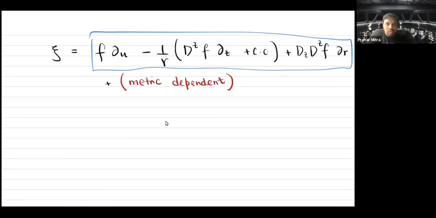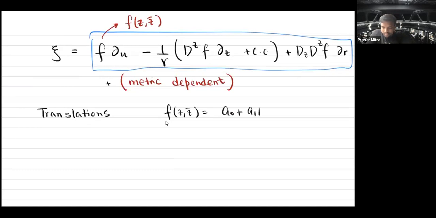If you now work out the action of this diffeomorphism on C, I should have said F here is a function of z, z bar. It's called super translations because standard translations correspond to F being this function, A0 plus A1.